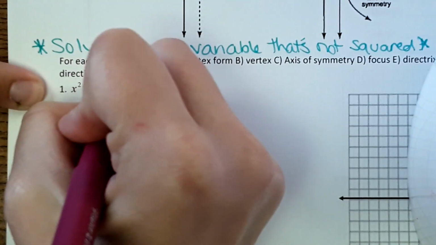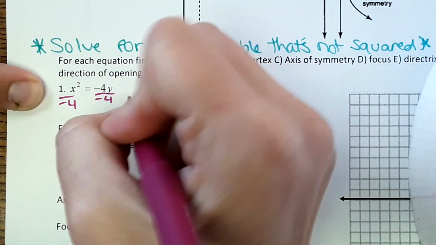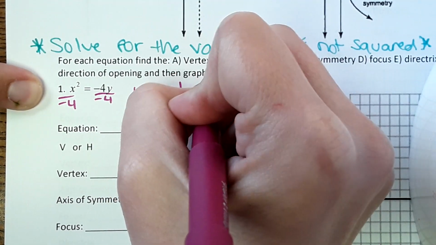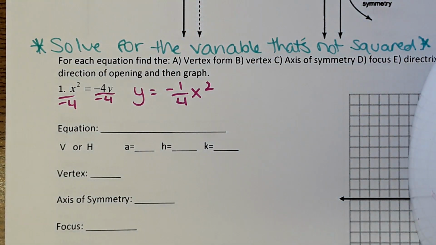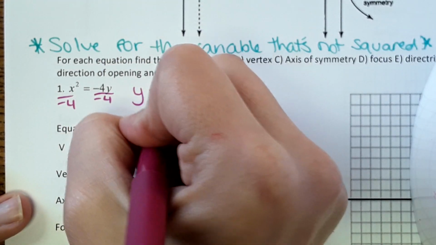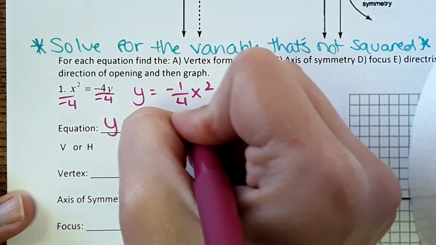So divide both sides by negative 4. And then the way we'll write this is like this. So our equation is y equals negative 1/4 x squared.